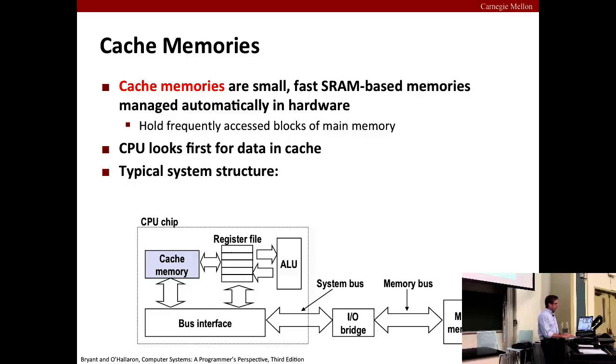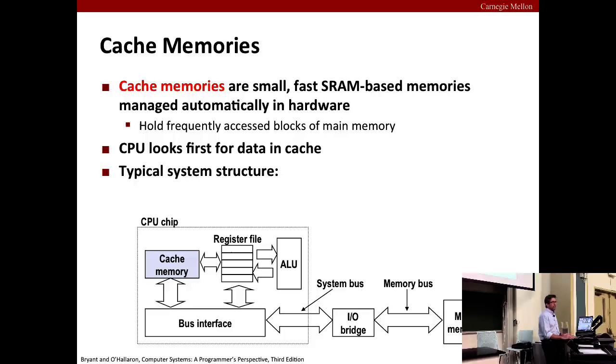Now there's a very important class of caches, these so-called cache memories, which are contained in the CPU chip itself and are managed completely by hardware, and they're implemented using fast SRAM memories. And the idea for this cache, which is right next to the register file, is to hold frequently accessed blocks, or blocks from main memory that are accessed frequently.